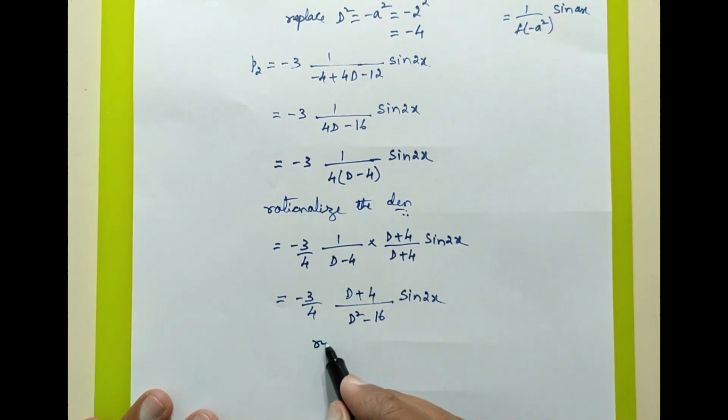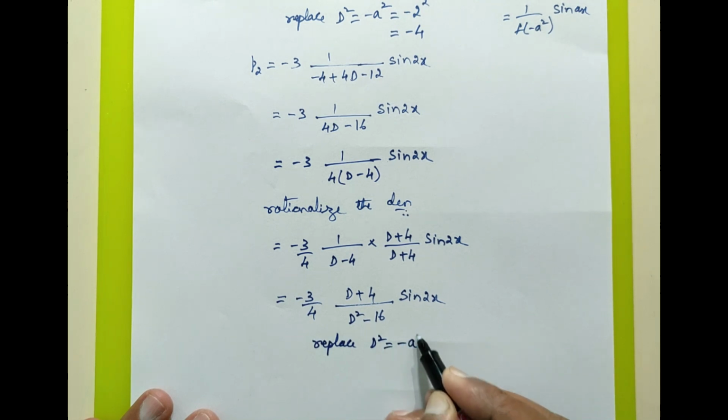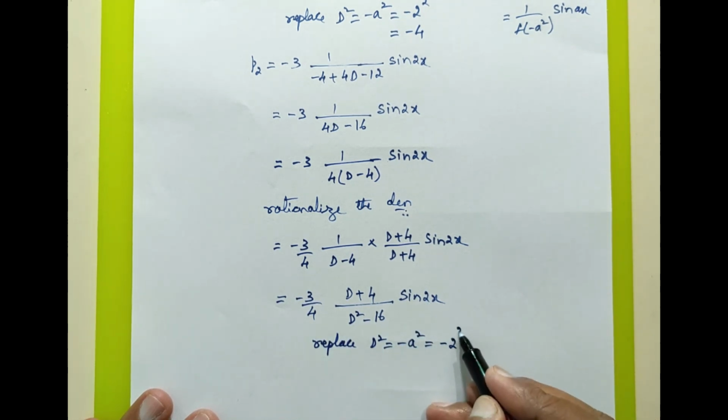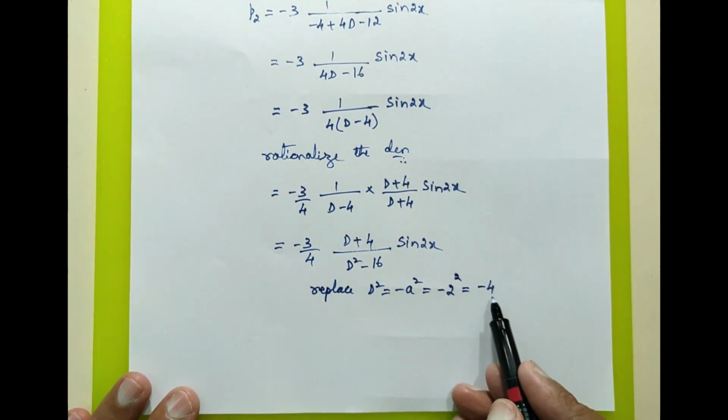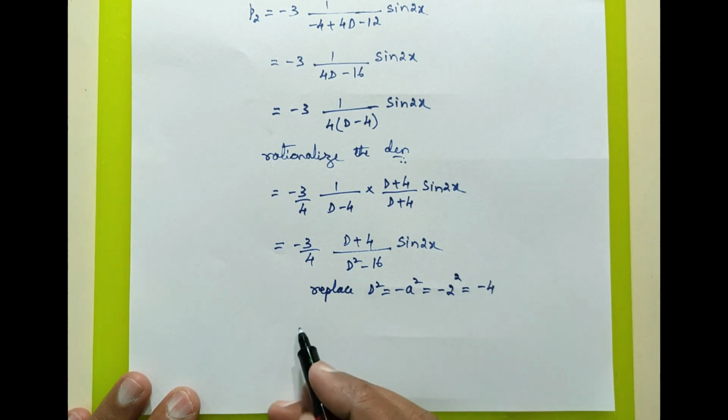So now we can replace the value of d square by minus a square. Here the value of a is 2, so minus of 2 square will become minus of 4. So replace the d square by minus of 4 here.